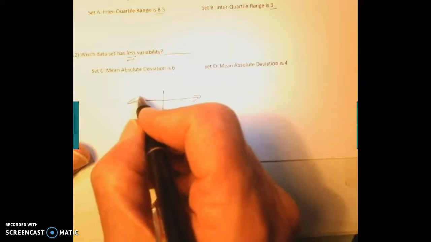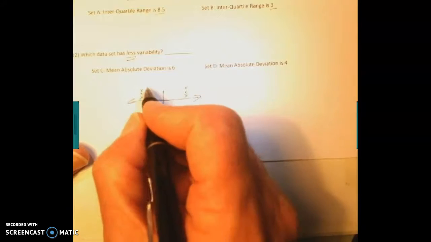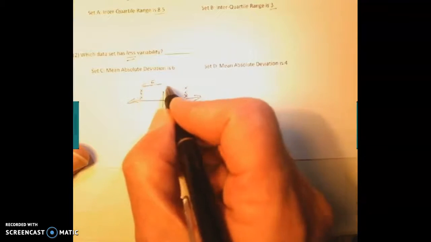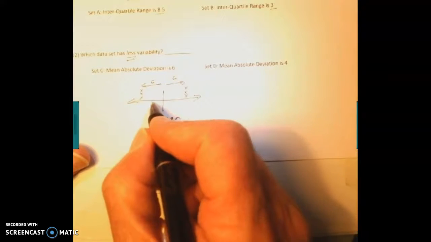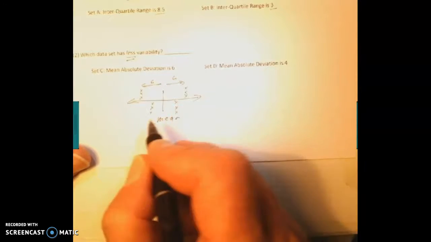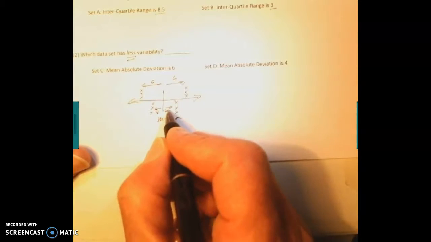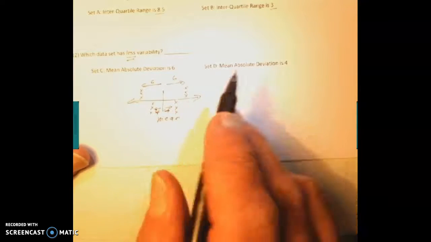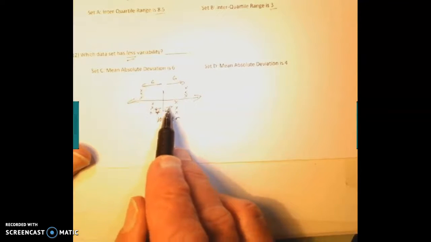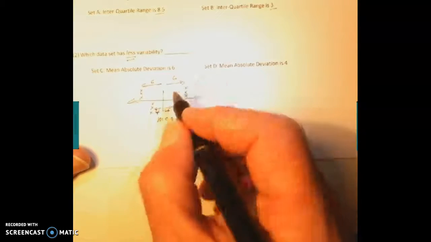So this data set is saying that if you average them out, they would all show up 6 away from the mean. This data set is saying that they would be 4 away. So as far as which one is less variable, and which one is less spread out, these are closer to the mean, so these are less spread out, so that is set D.